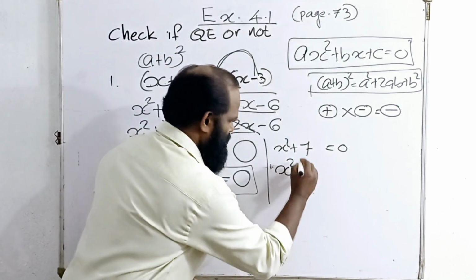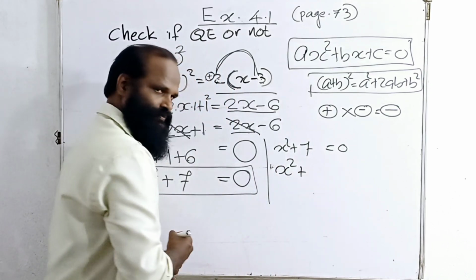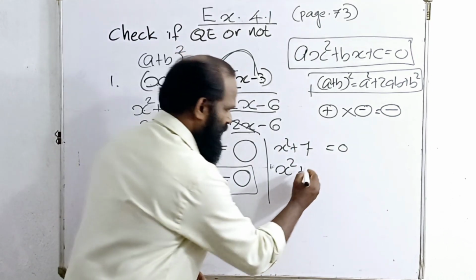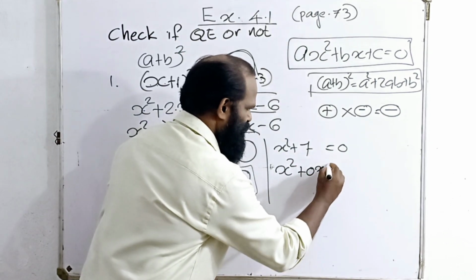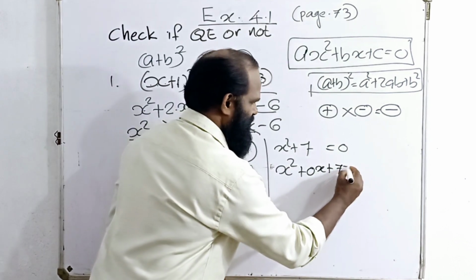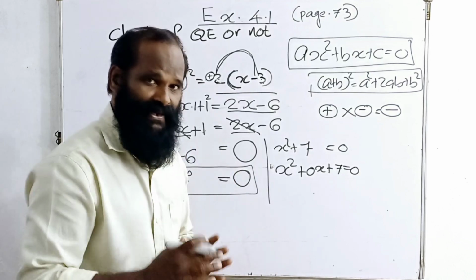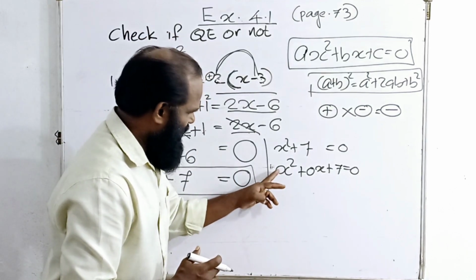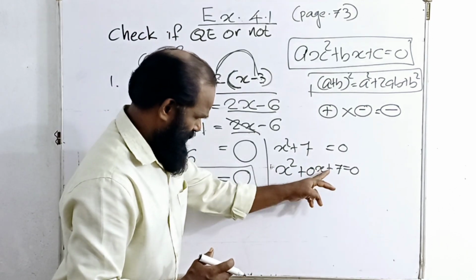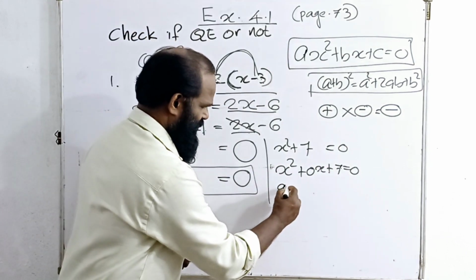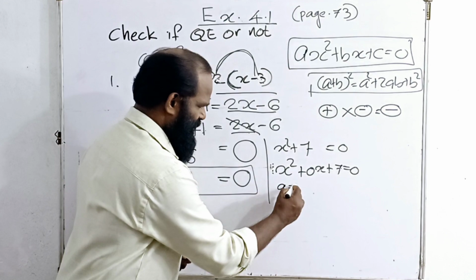X square plus, since there is no term with x, we can write 0x plus 7 is equal to 0. No need of expressing this as it is, but I'm just explaining. Now this is ax square plus bx plus c is equal to 0. If you say a is equal to 1.